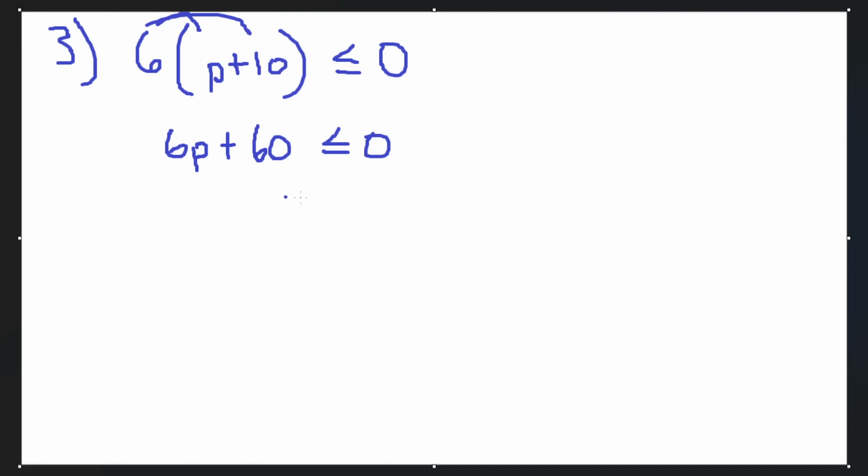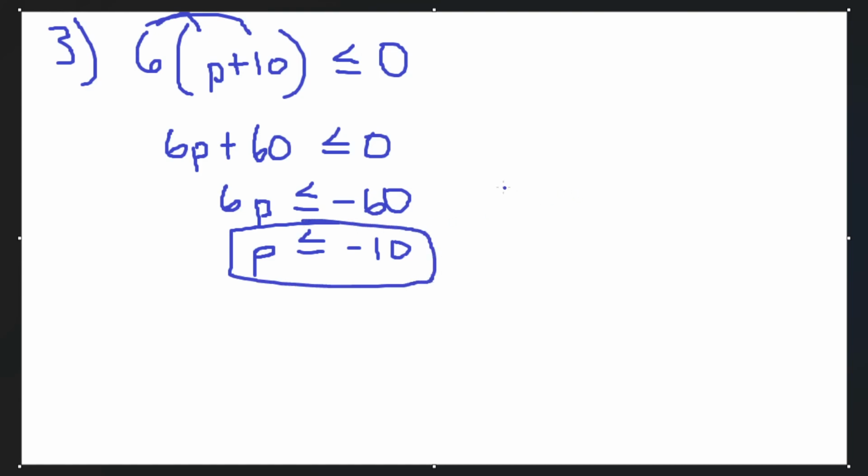If we subtract 60 to both sides, we are left with 6p less than or equal to negative 60. And then if we divide by 6 to both sides, we get p is less than or equal to negative 10. So that would be our answer.